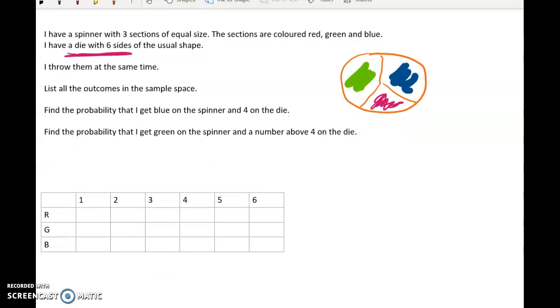So list all the outcomes in the sample space. So this time all we have to do is this. Here we've got the spinner, and here we've got the die. So we can go R1, R2, R3, very boring, right? But we're just listing them all out.